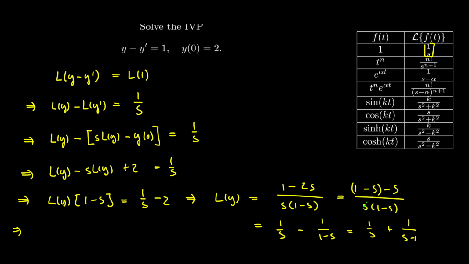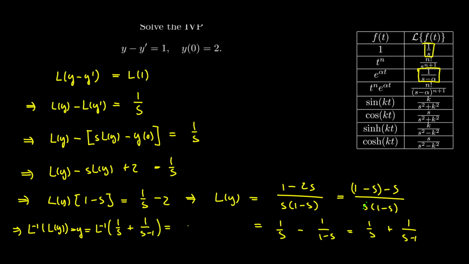And those two functions are of this form here. So 1 over s is here, and then 1 over s minus 1 is of this form. And so we can immediately say that if we take the inverse Laplace transform of both sides here, firstly, the inverse Laplace transform of L of y is of course just equal to y, but this must be equal to the inverse Laplace transform of 1 over s plus 1 over s minus 1.